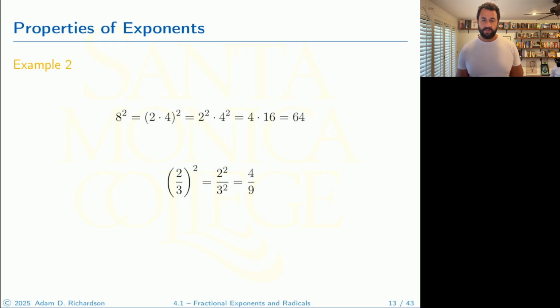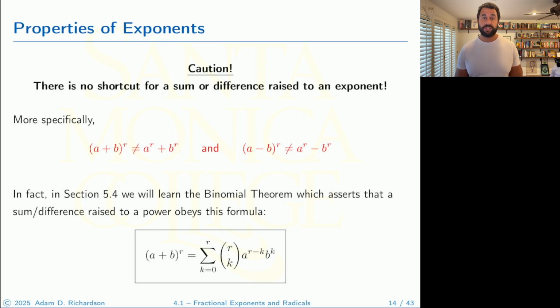And that's the same thing you would get if you did 2/3 squared, which would be 2/3 times 2/3, which is 4/9, right? That's the basic idea. So as long as we've got a product or a ratio, then you can distribute those exponents and everything works well.